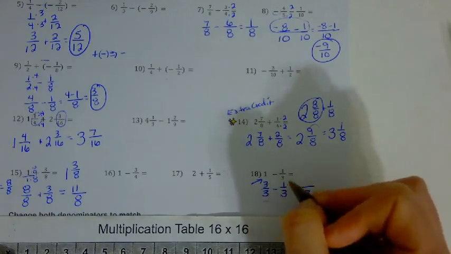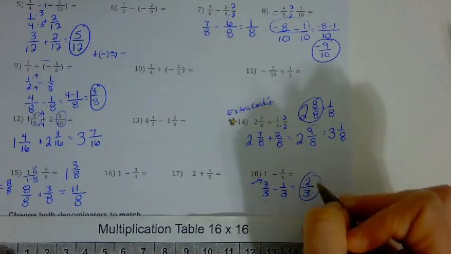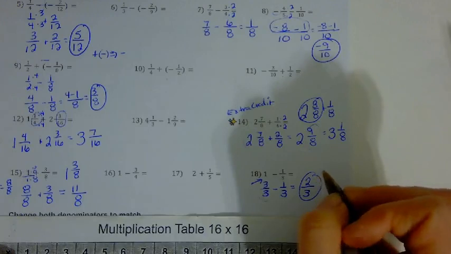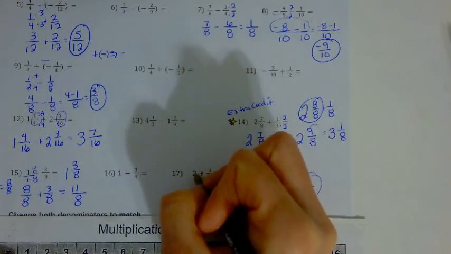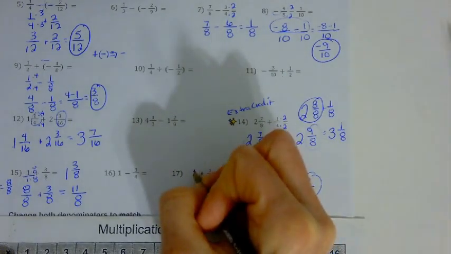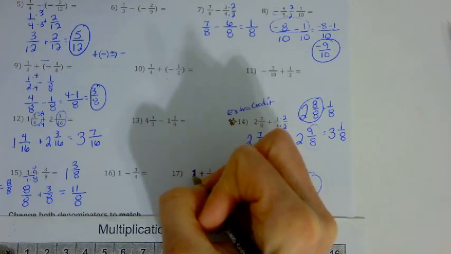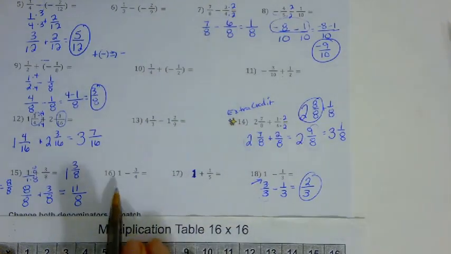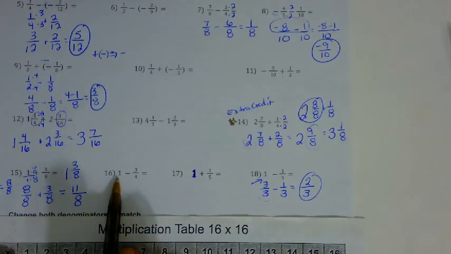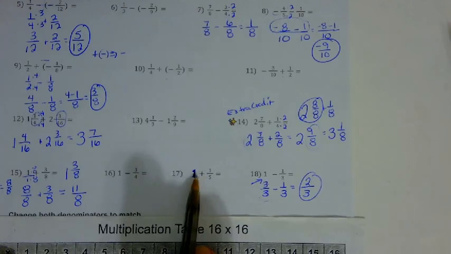We're done. I think I'm going to change this to a 1. Alright, so you're going to do 16 and 17 the same way. You're going to rewrite this as 4/4, and you're going to rewrite this one as 5/5.